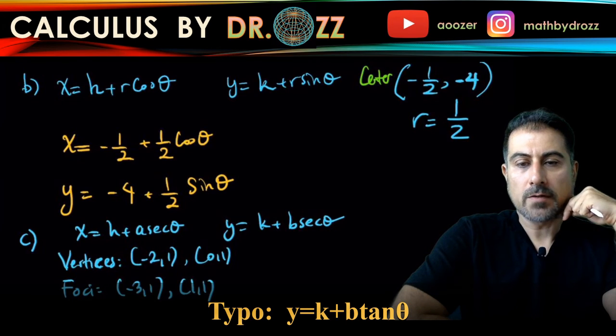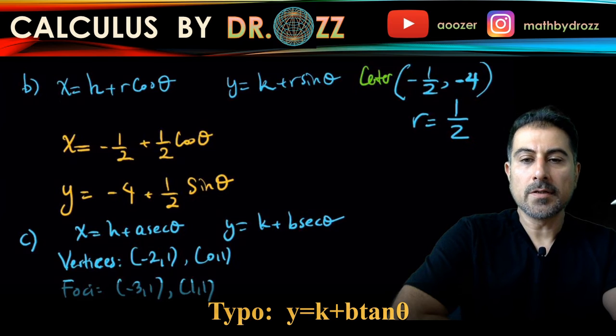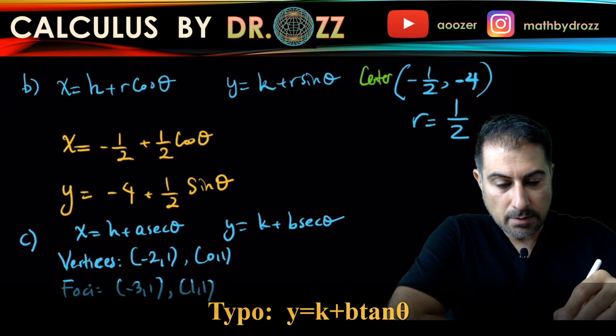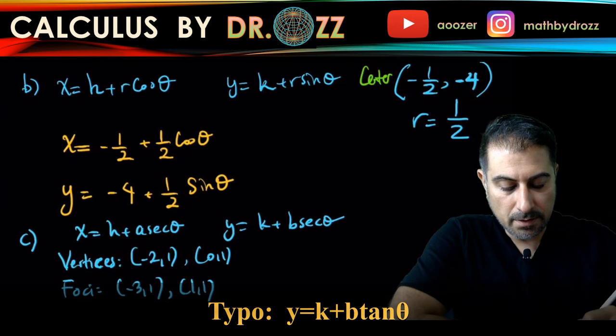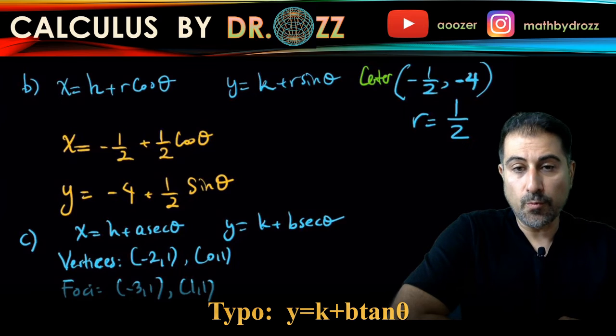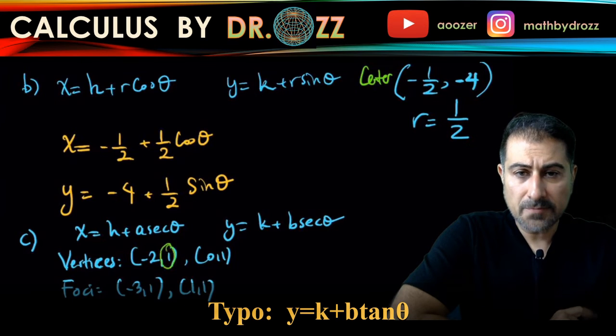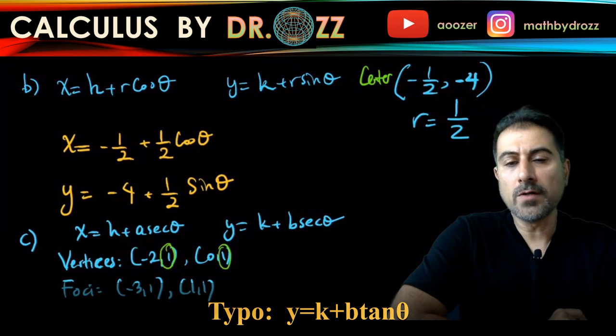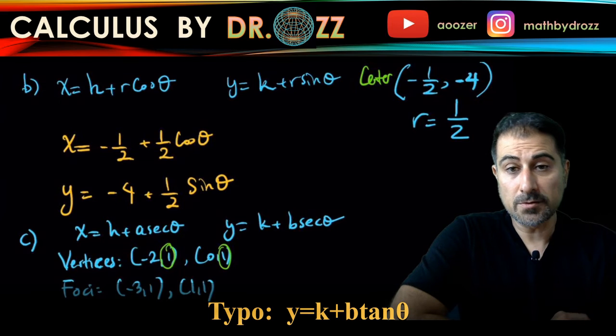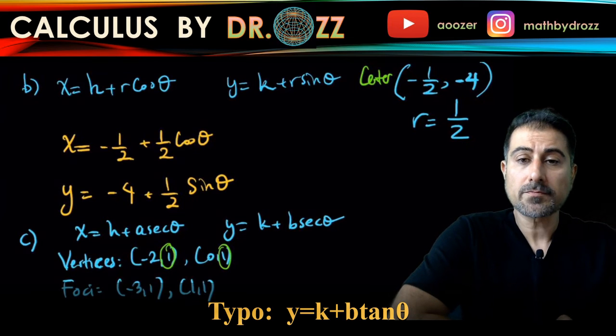First of all, the distance between the vertices is 2a. I can see that the y coordinates of the vertices are just 1. That's fixed. And then the distance from one vertex to another is 2, because you're jumping from -2 to 0.